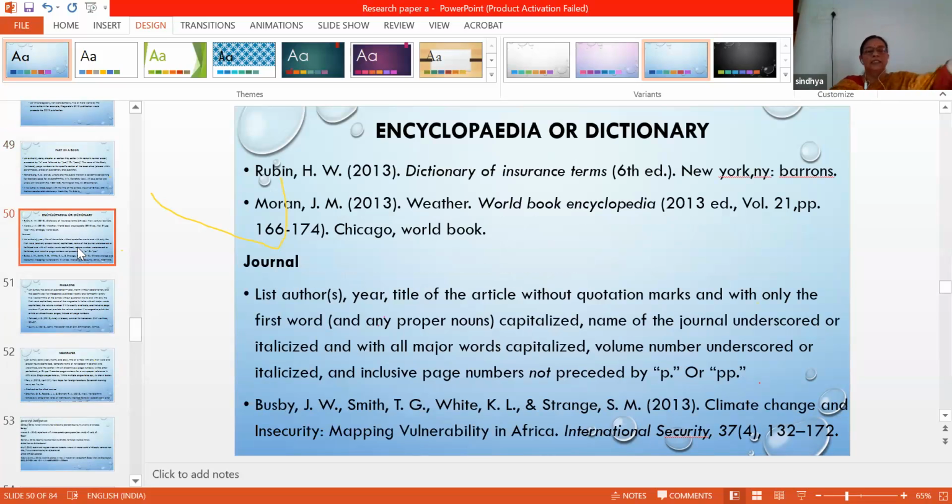And for a journal, it is the same procedure: author's surname, then year, then the name of the journal, then volume number, and page numbers. All these are essential for citing a journal.